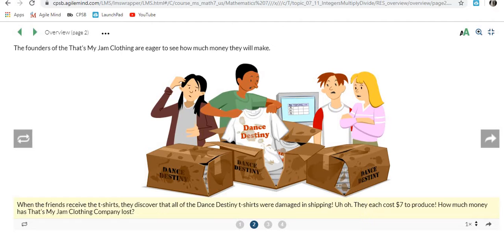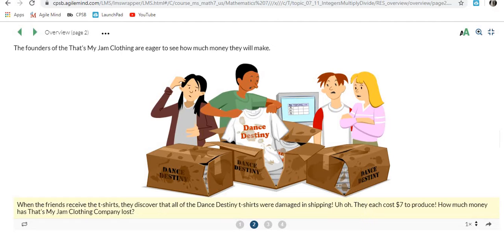Okay. Well, whoa. Dance Destiny shirts came in, and they came in damaged. And that cost them $7 each to produce. So that's how much they had to pay for each shirt. They still have to pay $7, but are they able to get a profit now?